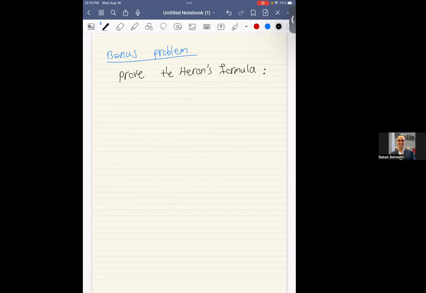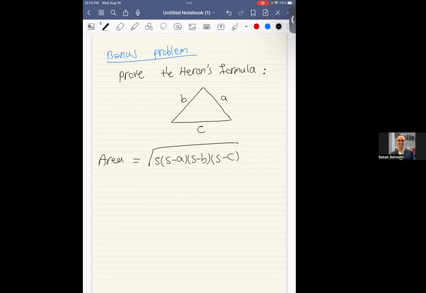Heron's formula says that if you have a triangle with sides A, B, C, the area A is equal to the square root of S times S minus A times S minus B times S minus C, where S is just A plus B plus C over 2. You have to prove that the area can be computed by this formula.